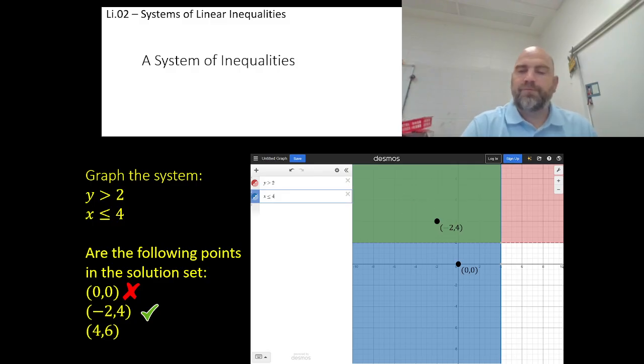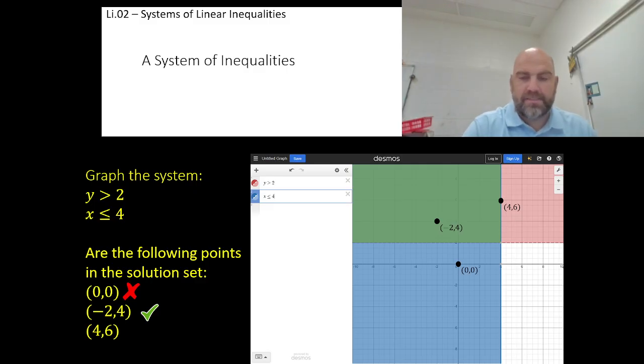What about the point (4, 6)? It's right there on the graph, and you'll notice that it's right on that line, on the edge of that green box. Is it a part of the solution set? First, let's look at the y value. That one is most definitely a part because 6 is greater than 2.